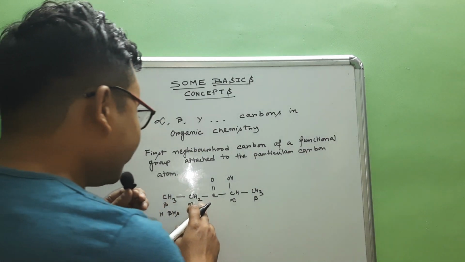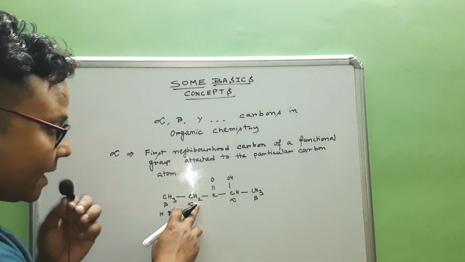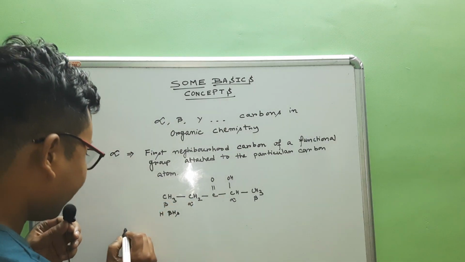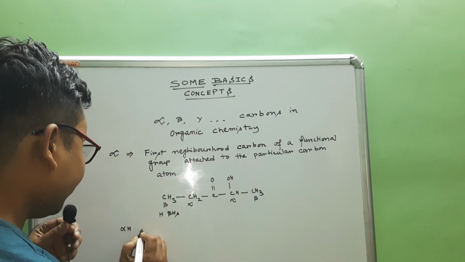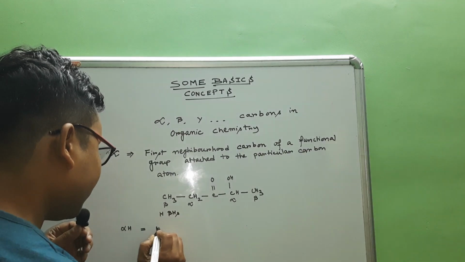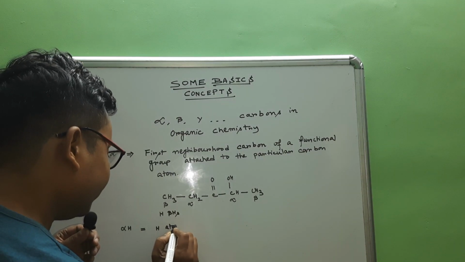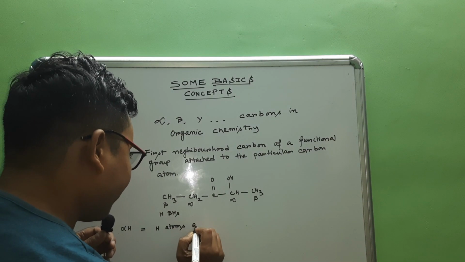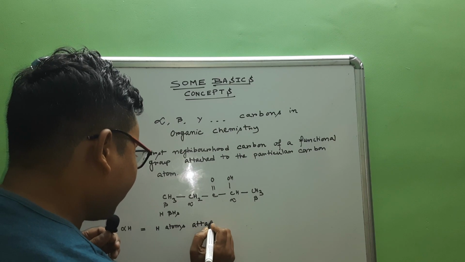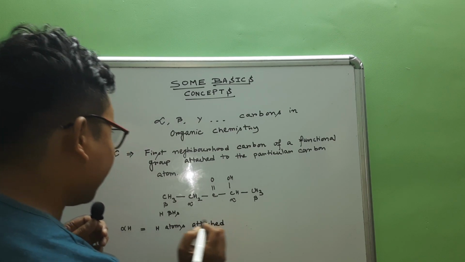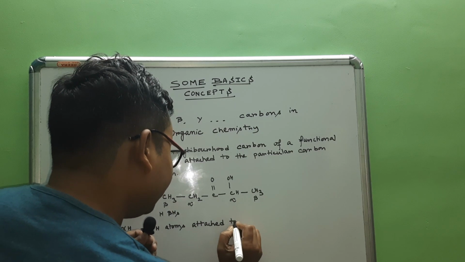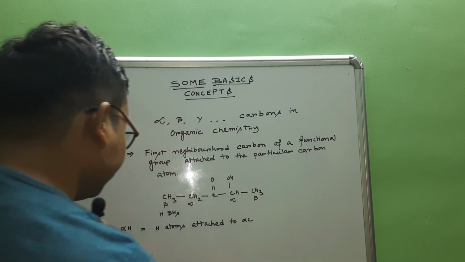What are the alpha hydrogens? Alpha hydrogens are the hydrogen atoms attached to the alpha carbon.